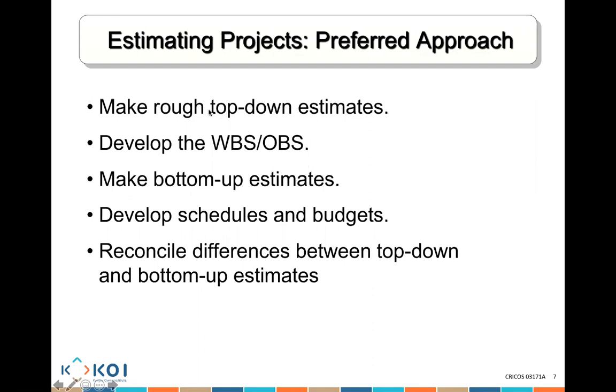From there, you have a high-level budget and a low-level budget. From all the details, you can develop your schedule and your budget. And if there are any differences between your top-down approach and your bottom-up estimate, you'll be able to see what those differences are, reconcile them, and get your correct estimation.